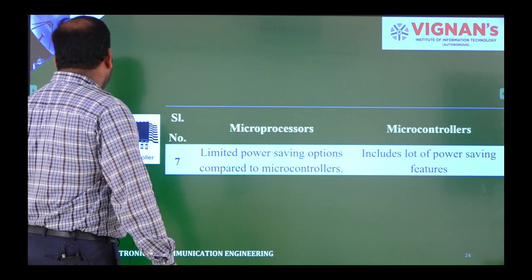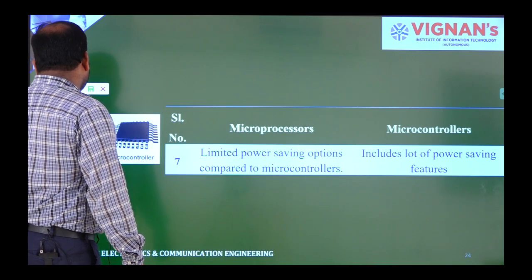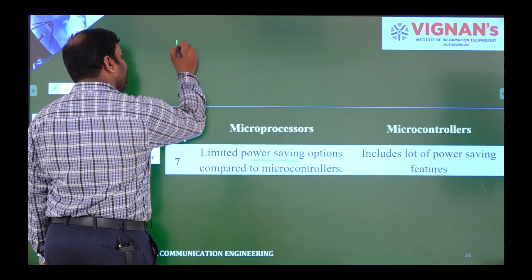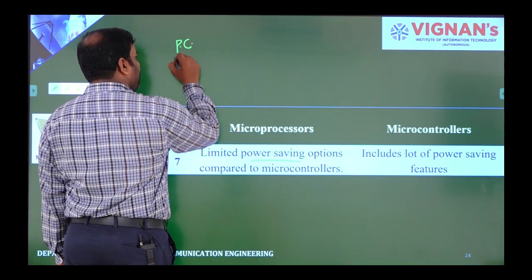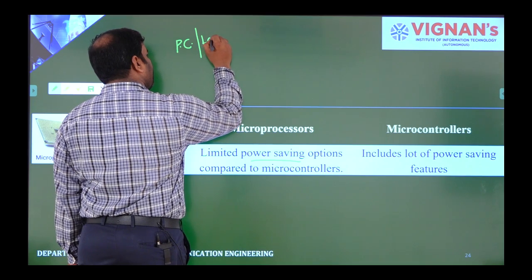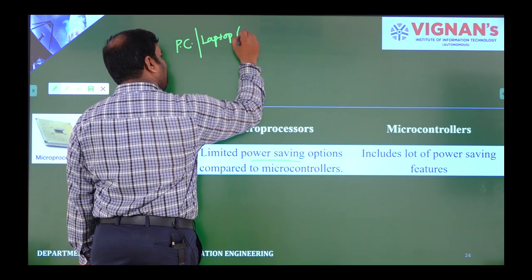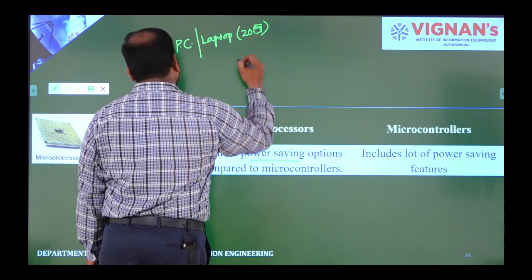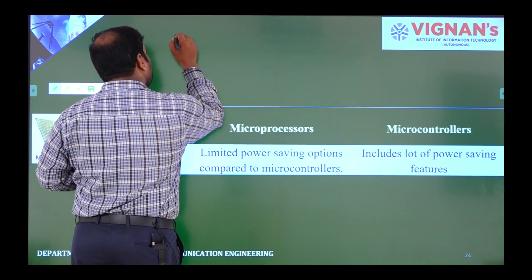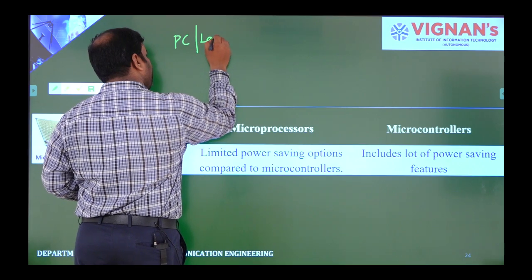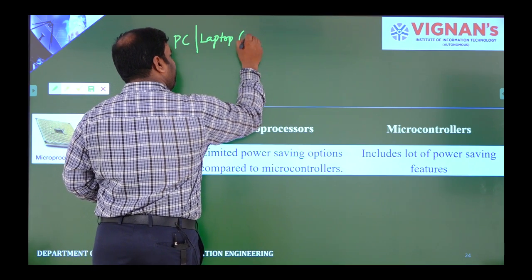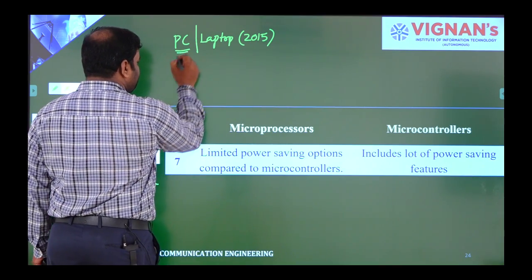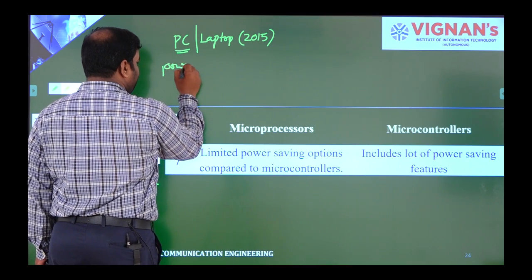And the next one is, in microprocessors there is no power saver mode, no power saving options. Have you ever seen any PC or laptop before 2015 with an option like power saving?